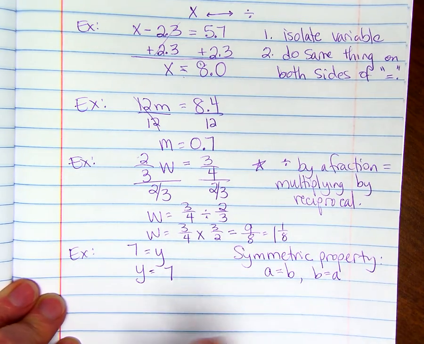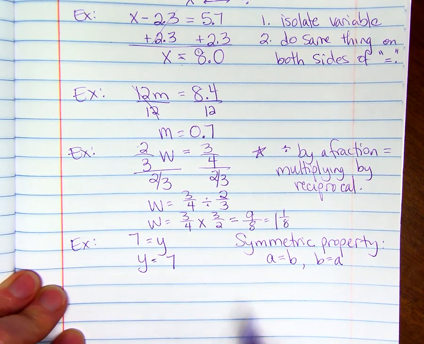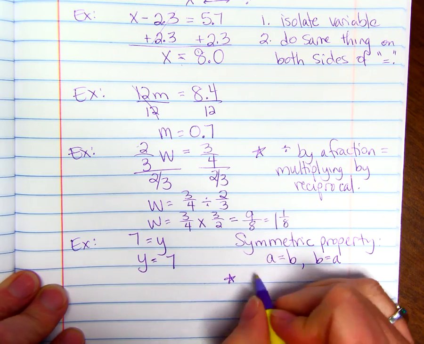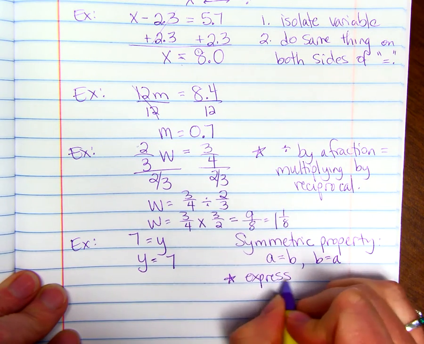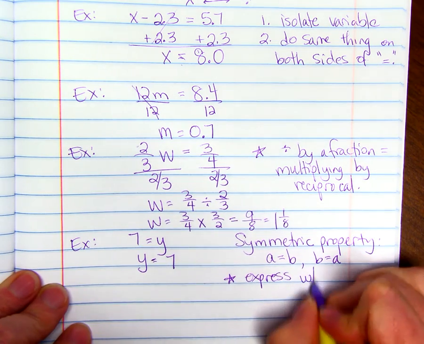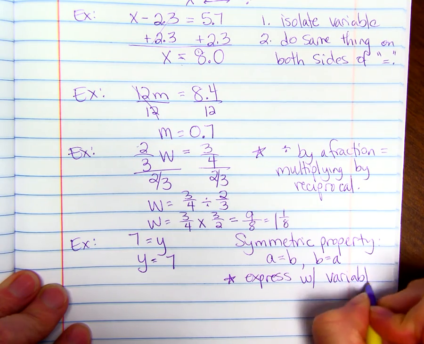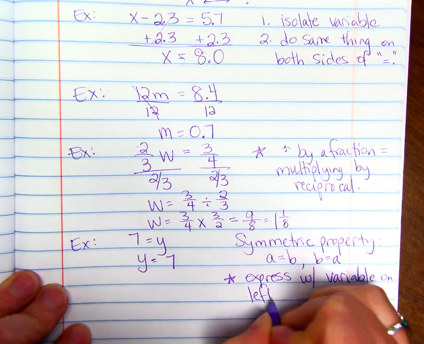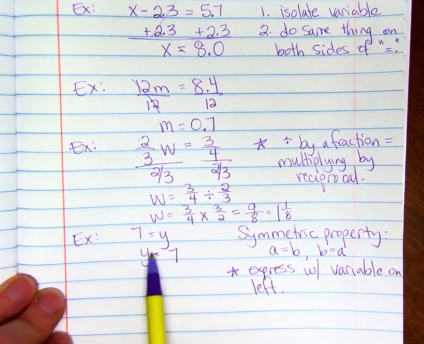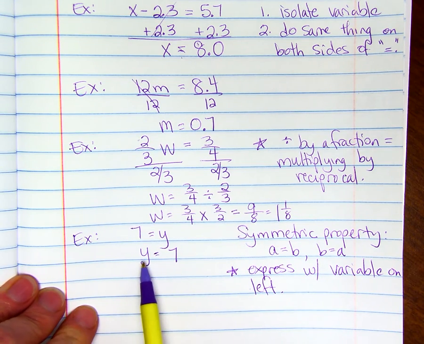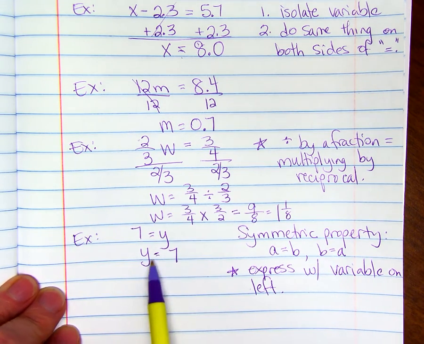Or you can just swap what's on each side of the equals. So when you're writing your answers, you want to express your answers with the variable on the left. So if you notice here, we switched 7 equals y so that y is on the left of the equal sign. And we could say y equals 7.